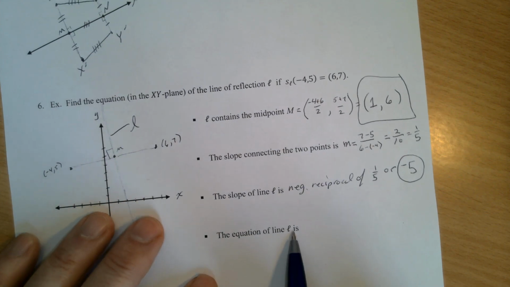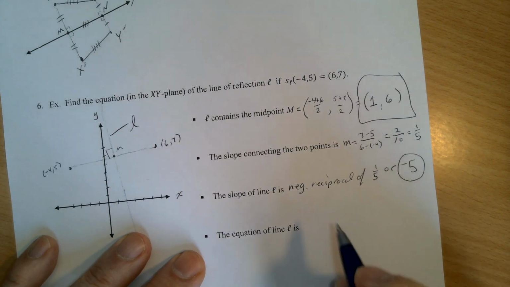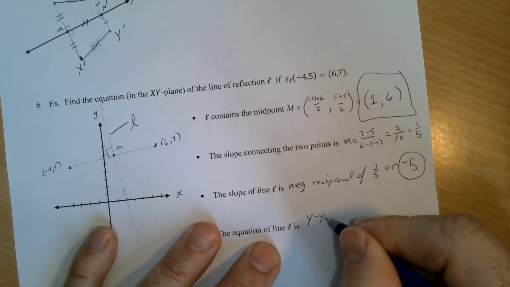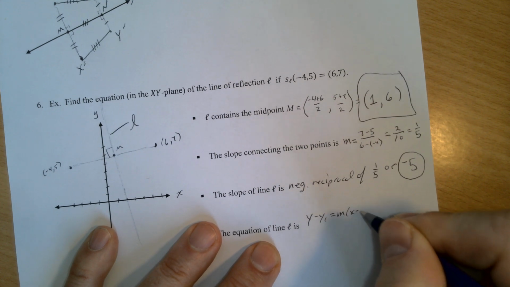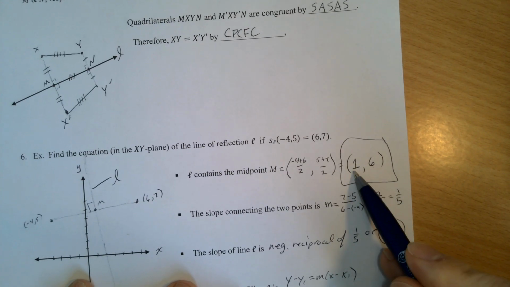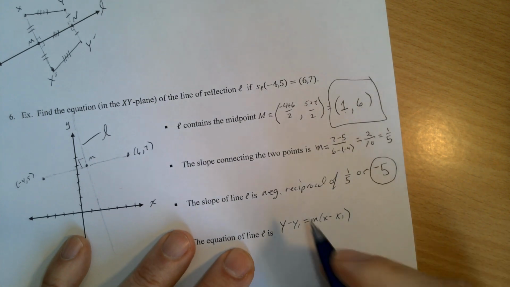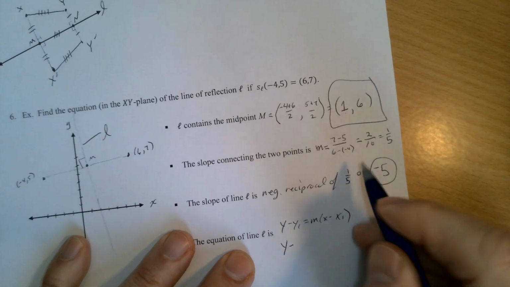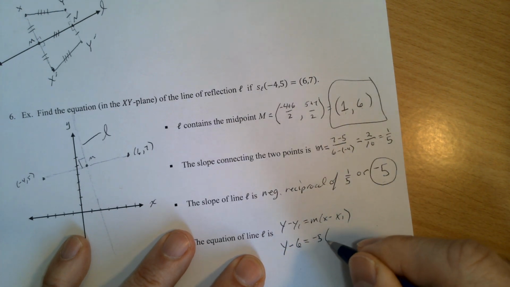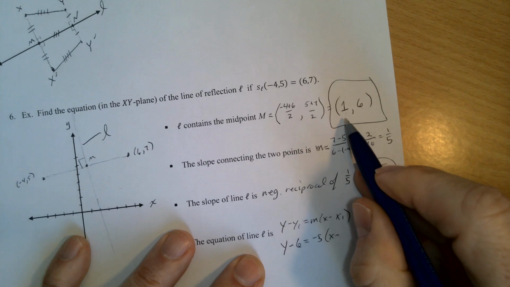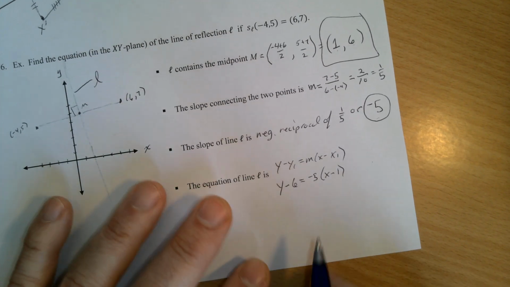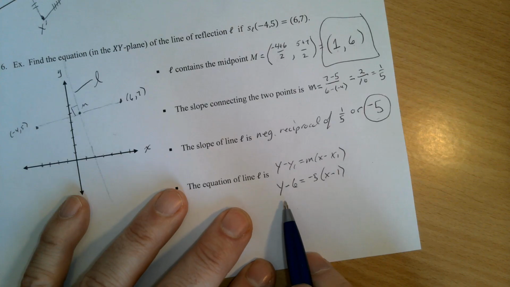So the equation of the line L is, I'm going to use the point slope form, y minus y1 equals m times x minus x1. This will be my x1, y1. So I'll get y minus 6 equals negative 5, the slope, times x minus x1, which is 1. We're almost done. I want to write this in slope-intercept form.